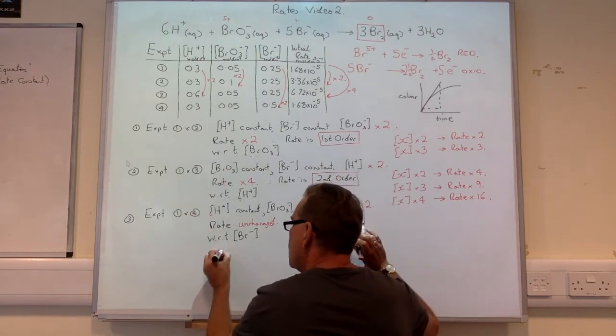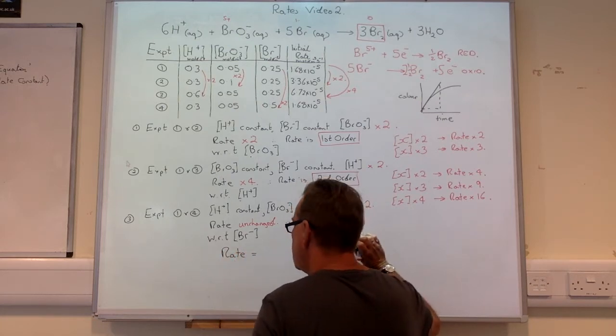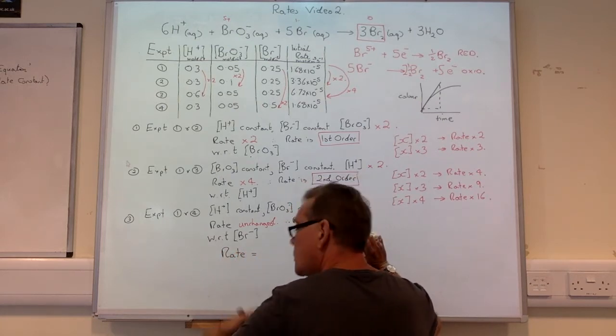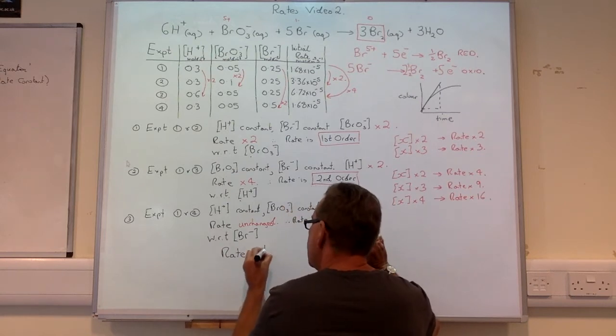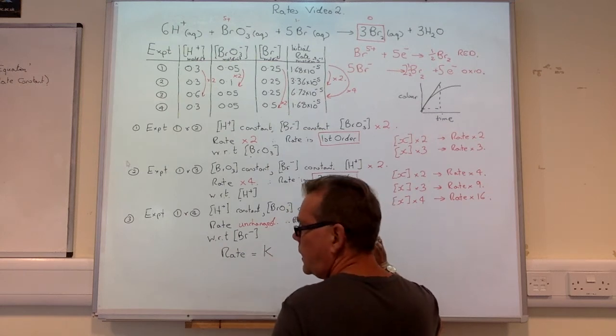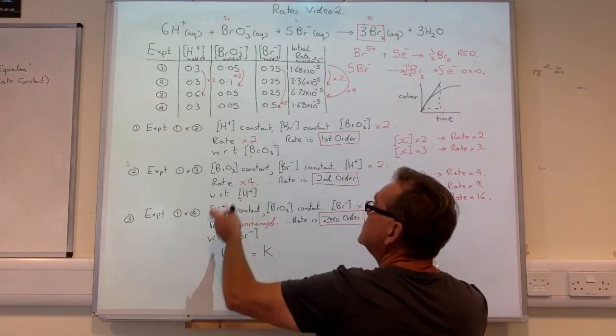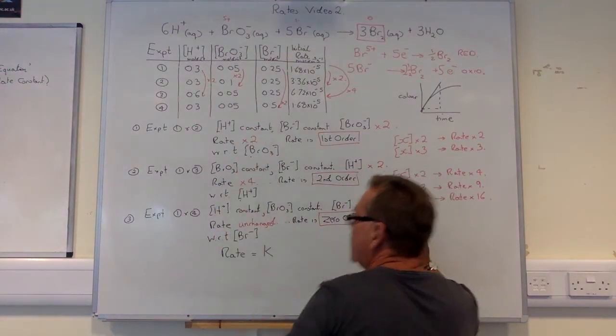So, rate equals, we've got to deduce this rate equation. Now there is a component, I'm going to come back to this, called the rate constant. We'll deal with that later, okay? That is always in there, rate constant. Then you put your reactants in. What's involved in the reactions?